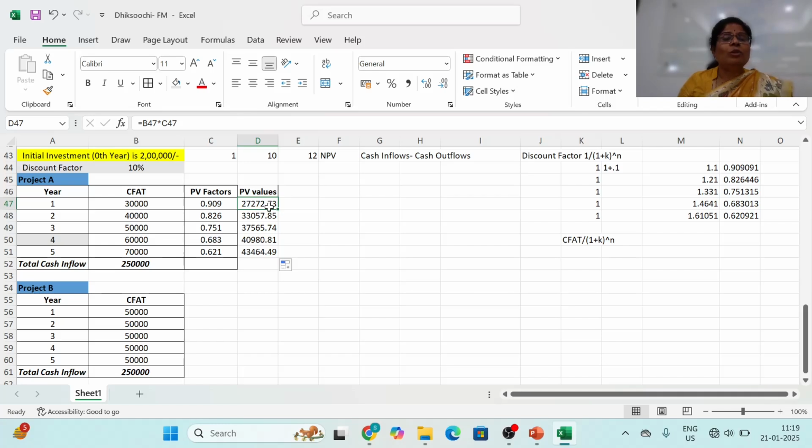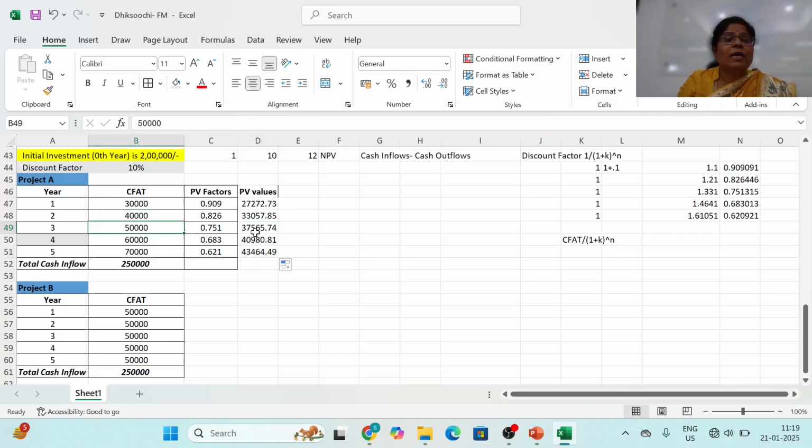That is how the rupee value is declining. Whatever you were able to buy in the 0th year with 30,000, that value has now come down to 27,272. In the same way, 40,000 worth has come down to 33,057.